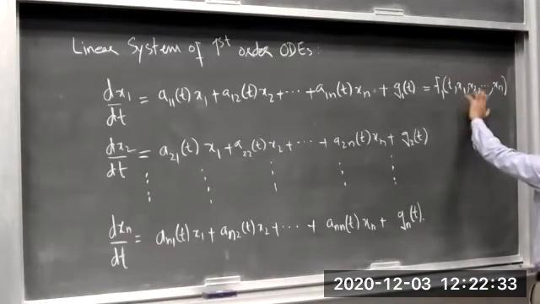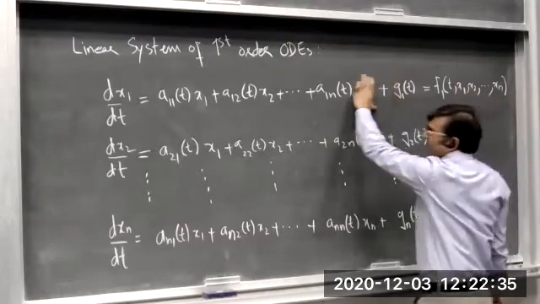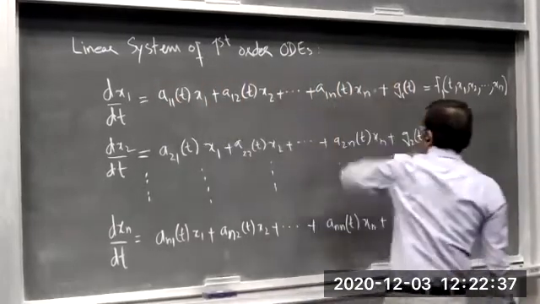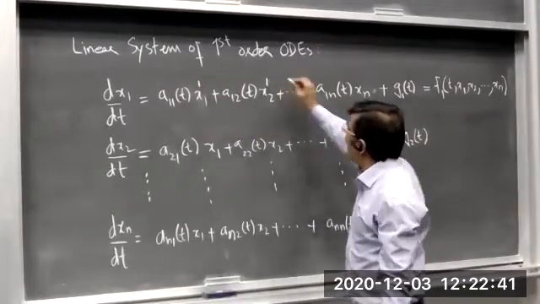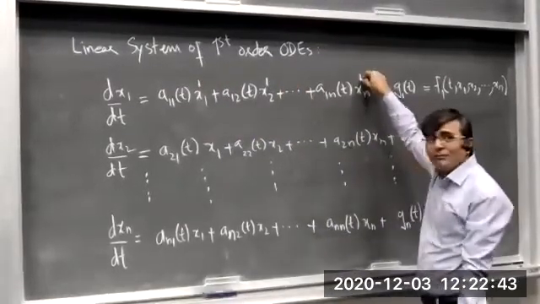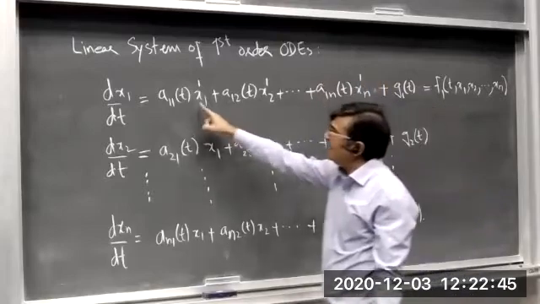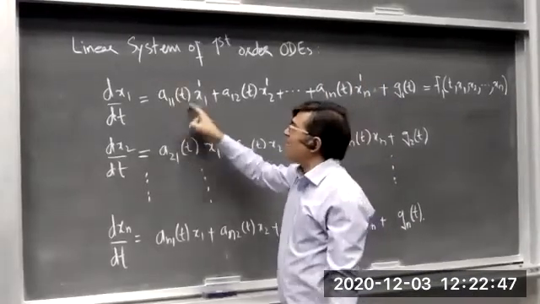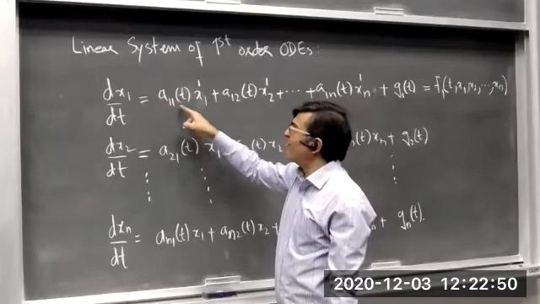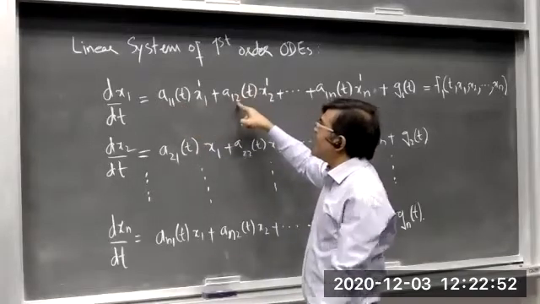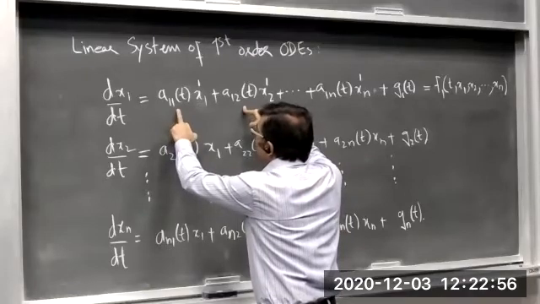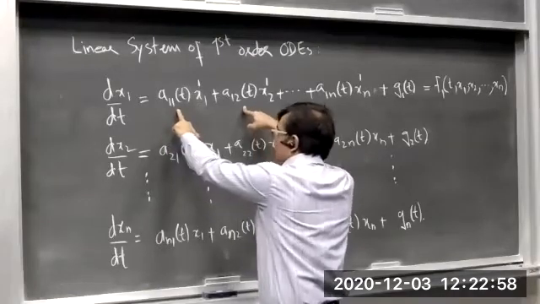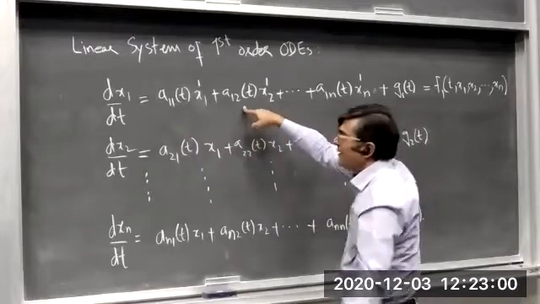If it is linear, then we can write it in this form, where x1, x2 are all linear, they have powers 1, and their coefficient functions are functions of t only. a11 of t, a12 of t cannot involve x1 or x2, they cannot involve dependent variables.